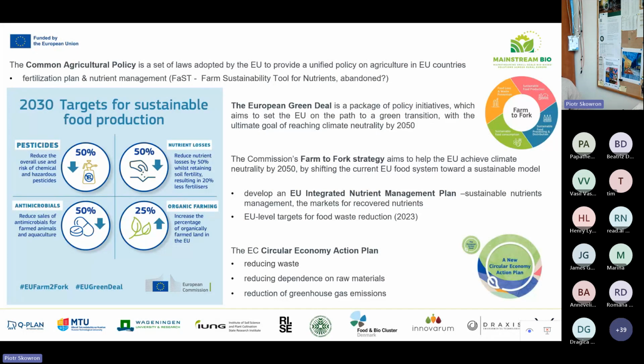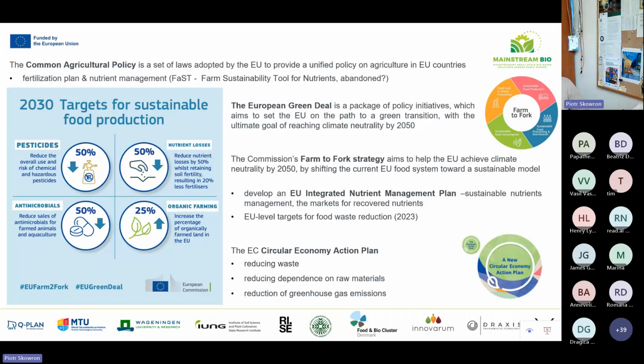In the Farm to Fork strategy, we can find a European Union integrated nutrient management plan, where we find sustainable nutrient management and rules for a market for recovered nutrients.